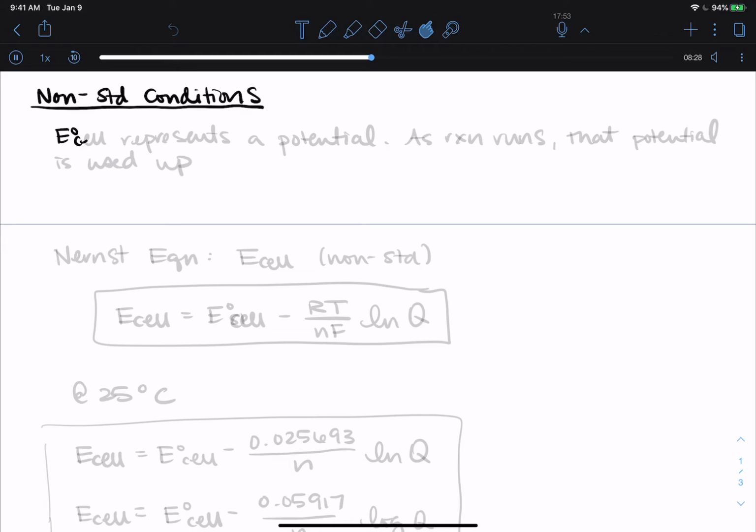This E cell represents a potential. And as the reaction runs, that potential is used up.